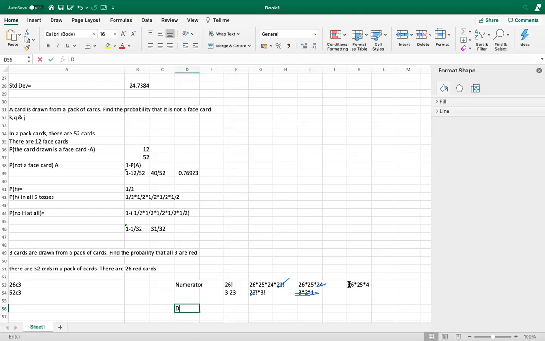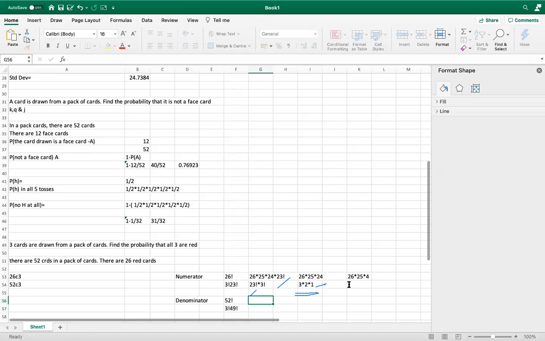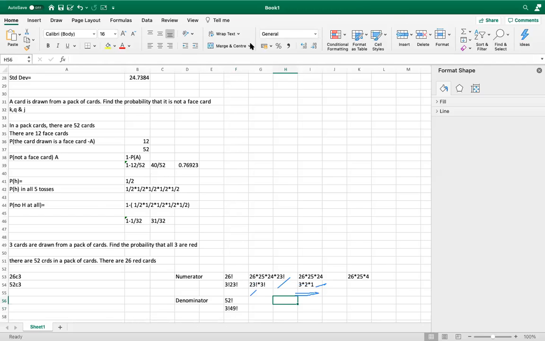Denominator. Denominator when I solve, I will get 52 factorial by 3 factorial into 49 factorial. ठीक है? Now can I erase all the annotations? क्योंकि नीचे आते आते वो एकदम mess हो जाता है. Yes, ma'am. So you understood, right?